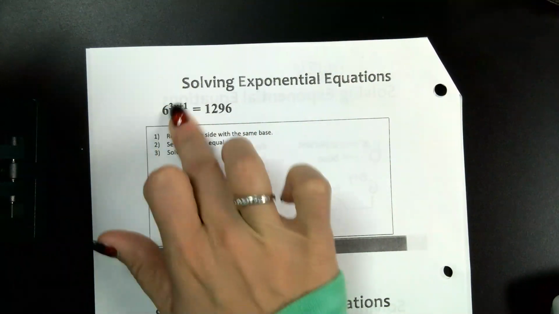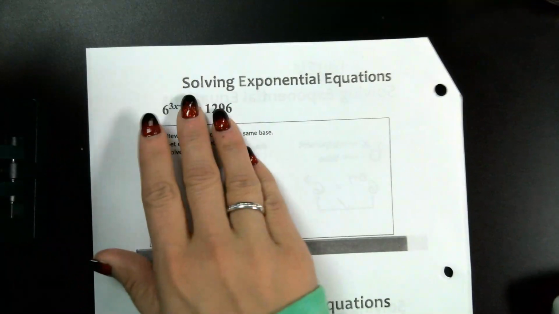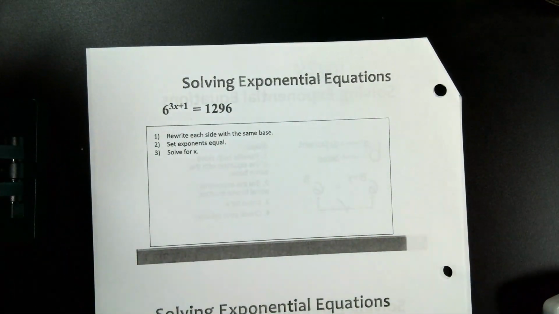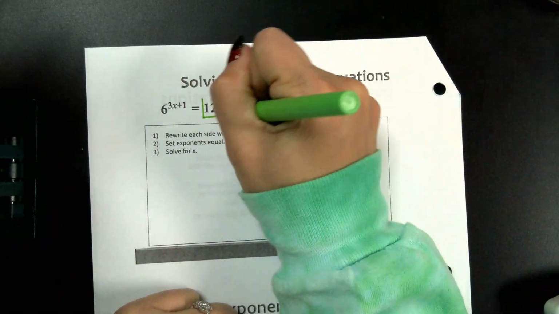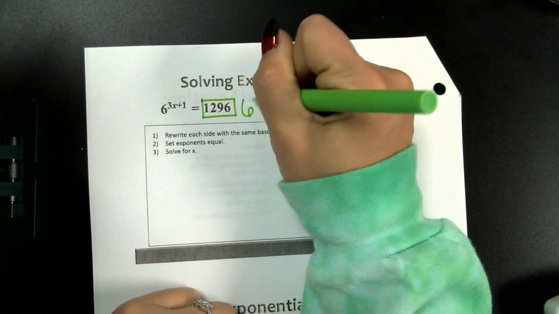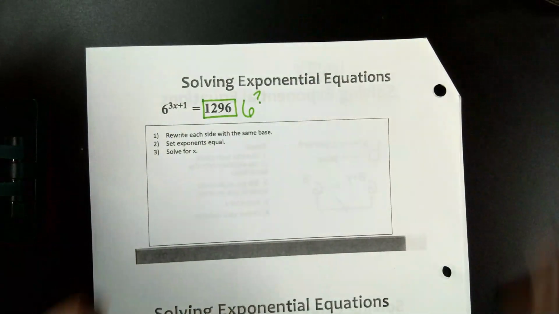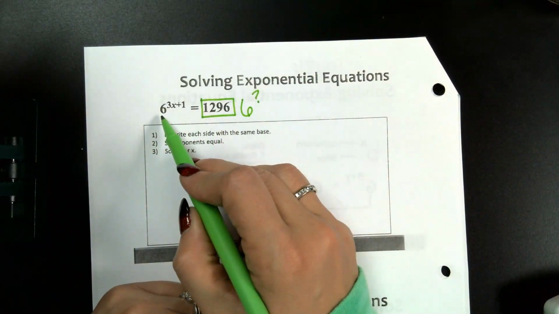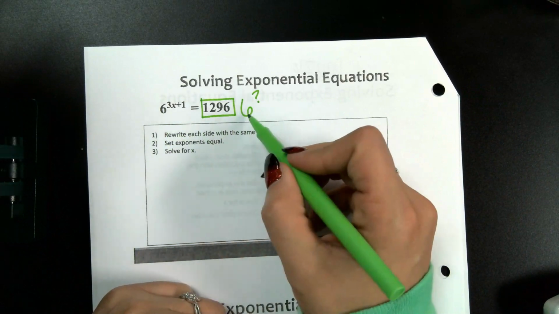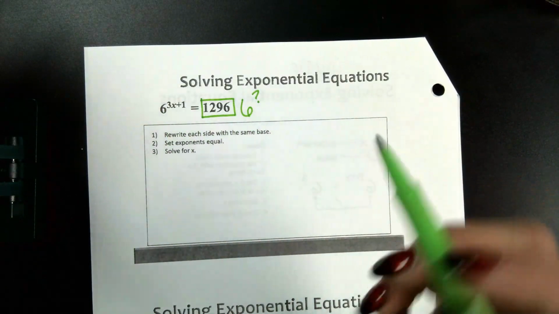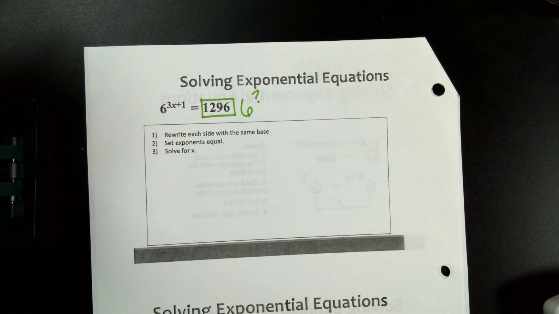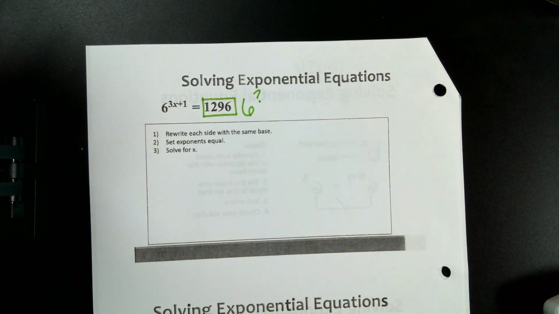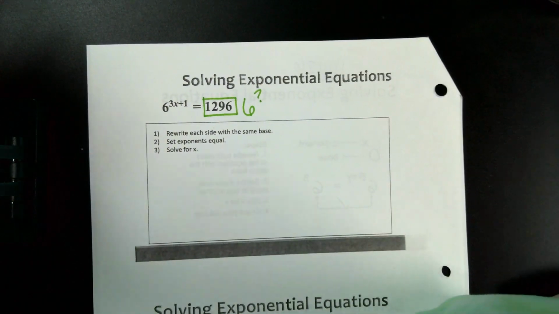This one seems like, okay, I wonder if I could change 1296 to be 6 to some power. Because if I can, then that would make the most sense, because then this one's already a base of 6, and that one will have a base of 6. So there's no easy way to do it other than guess and check. Now, you guys are all smart enough.